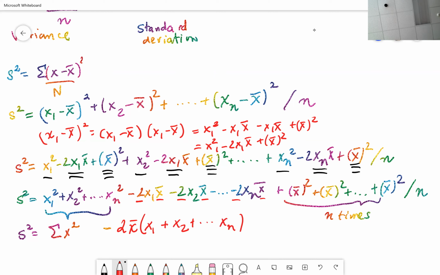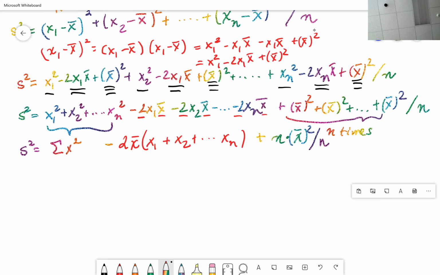Notice I'm writing plus because I have the negative outside. Finally, x bar squared happens n times, so it's n times x bar squared, all divided by n.